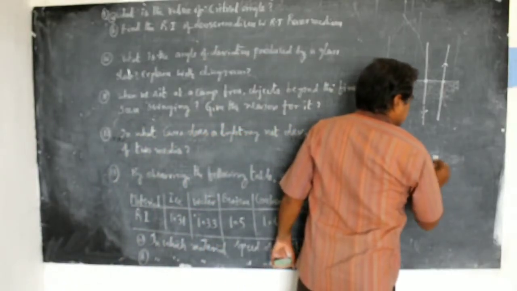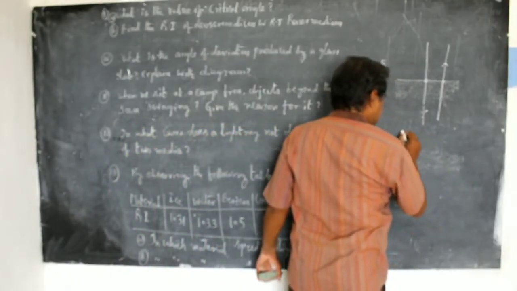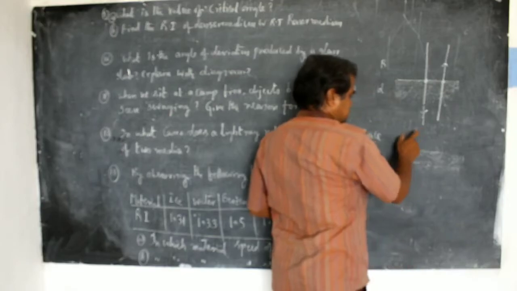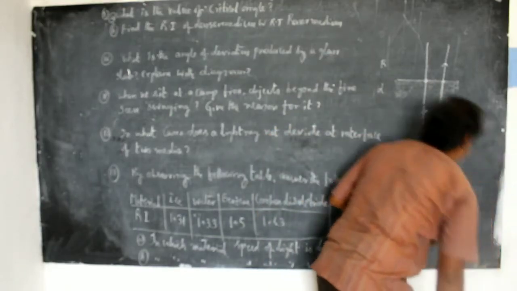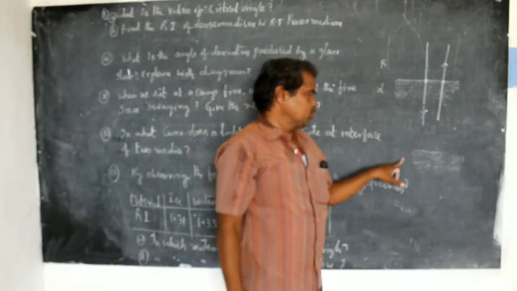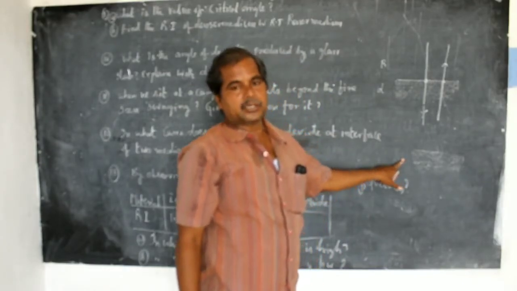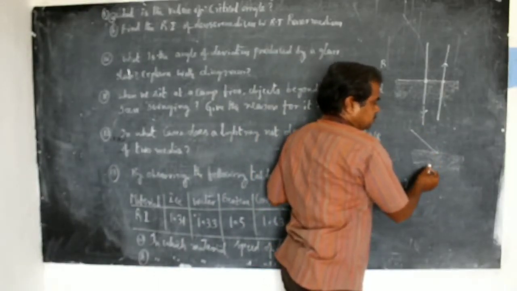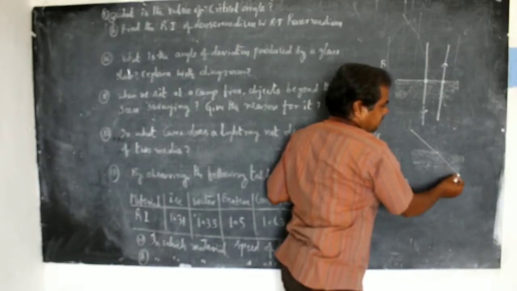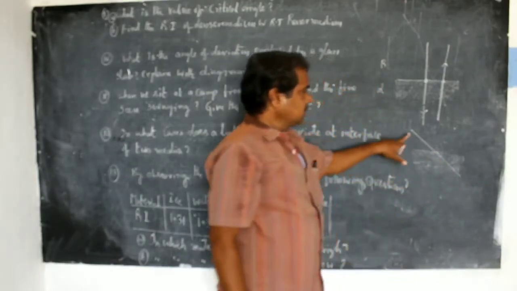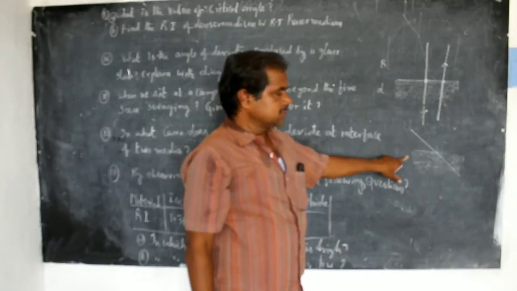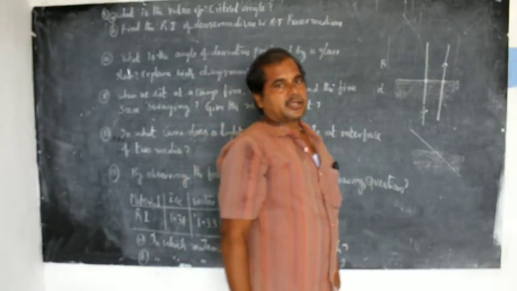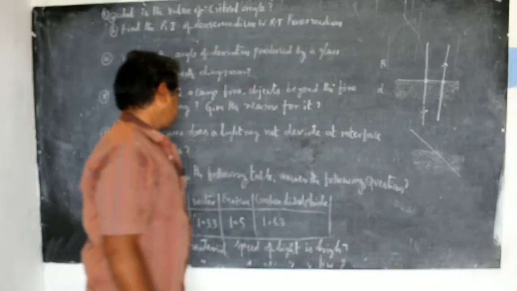In the other case, this is one transparent medium and this is also one transparent medium. If the refractive indices of these two mediums remain the same, the refracted ray doesn't deviate its direction because the refractive indices of the two mediums remain the same. In these two cases, the refracted ray doesn't deviate its direction.